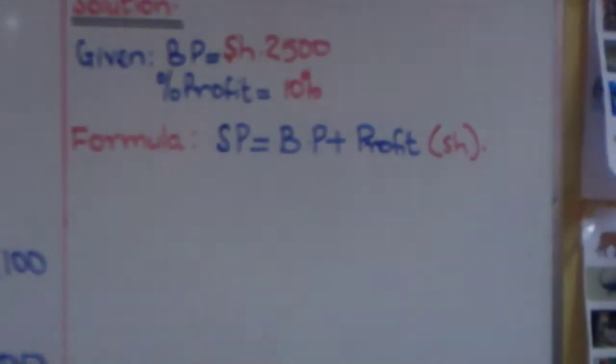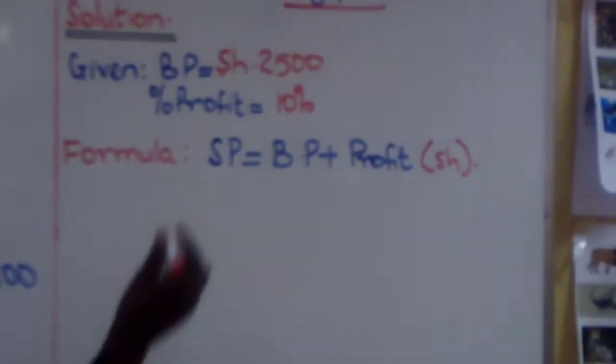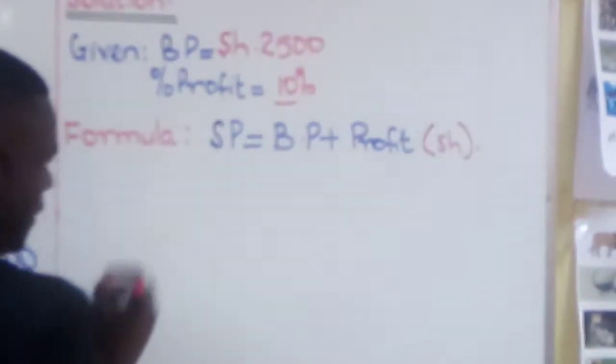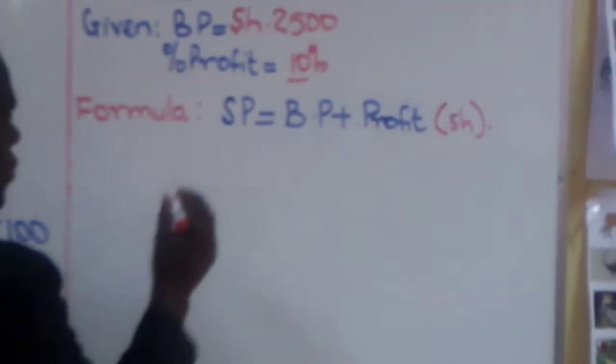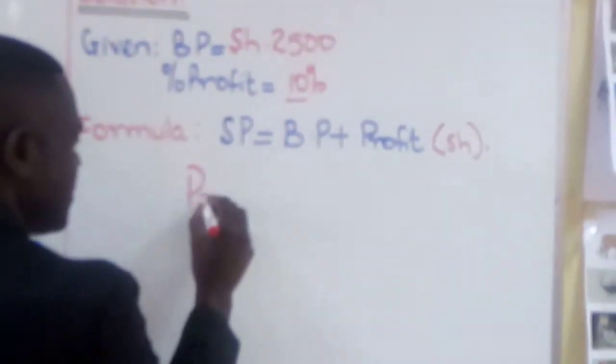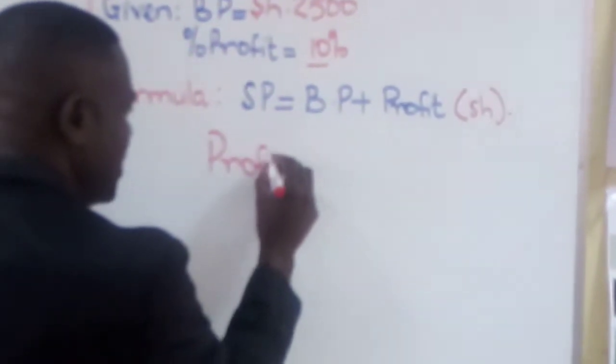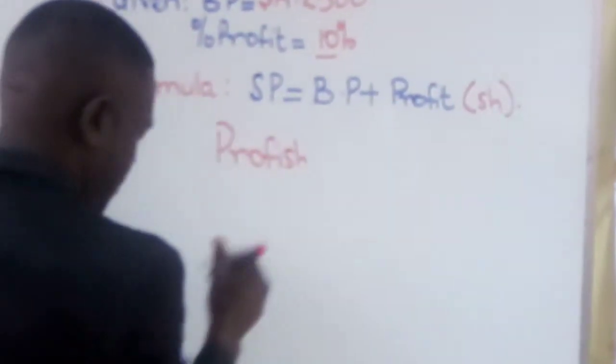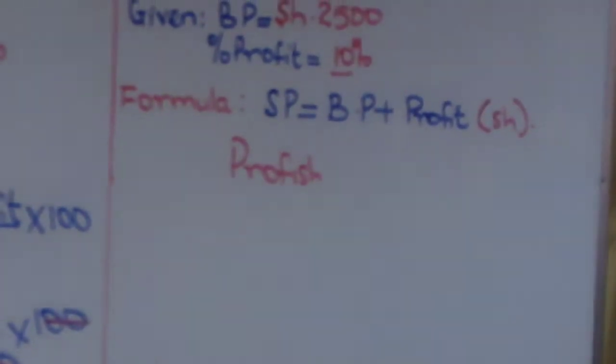So we must find the profit in shillings given percentage profit. Look at the blackboard and be very careful.